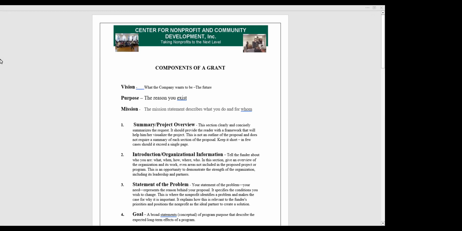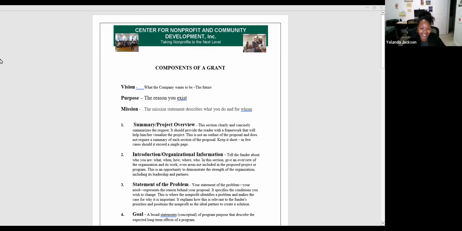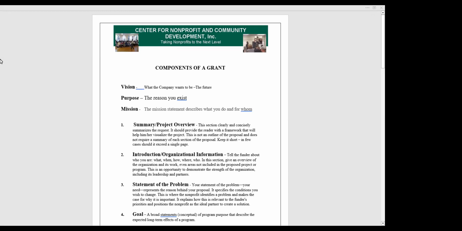Unless you're so good at writing grants, then you start with the end. As you become an expert at it, you can start with the summary. But the rule of thumb is the summary is written after you did your whole proposal and now you want to summarize everything. That makes sense?